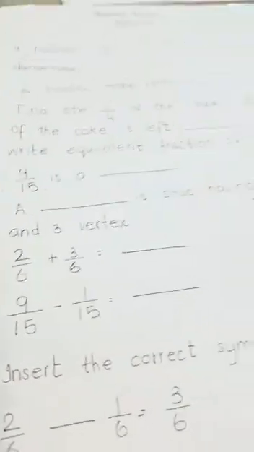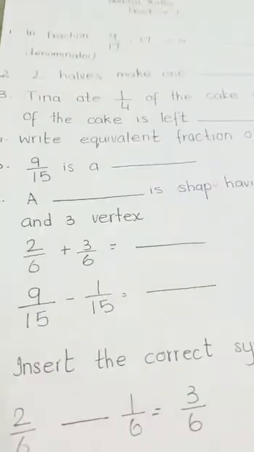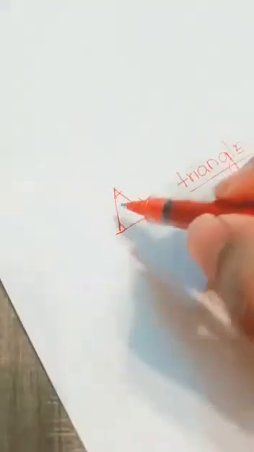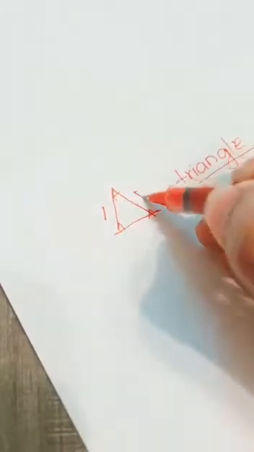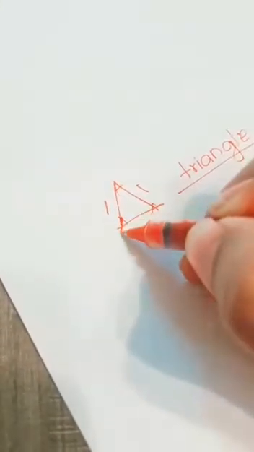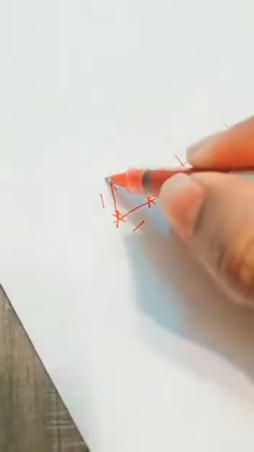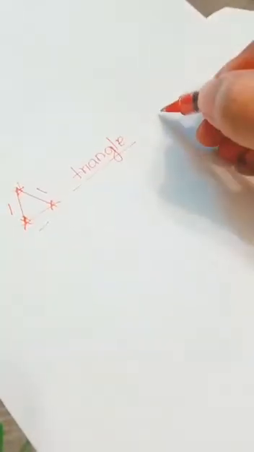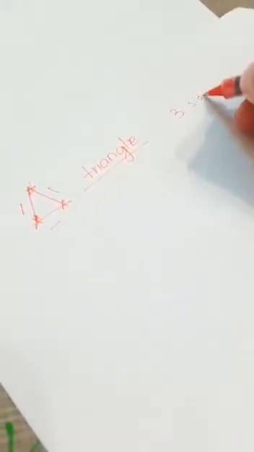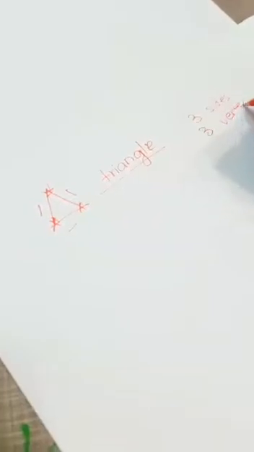This is solved, so it's done. And 3 sides and 3 vertices. Okay, these are sides 1, 2, 3, and these are vertices, the crossing points. So obviously it has 3 sides and 3 vertices.